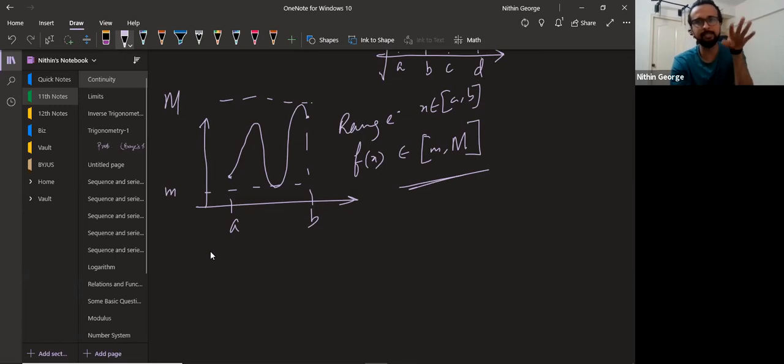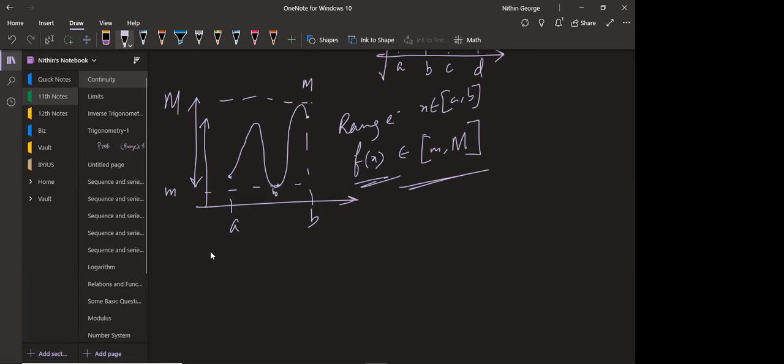If it's continuous, all values between m and capital M will be touched by f because there's no jump in between. This is the last thing I'm asking you to remember.